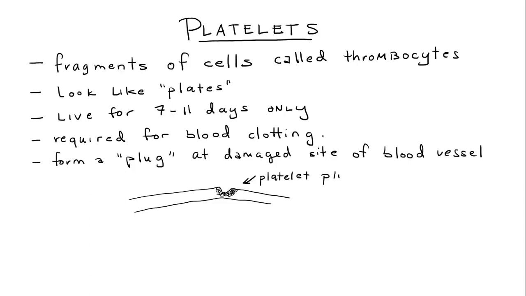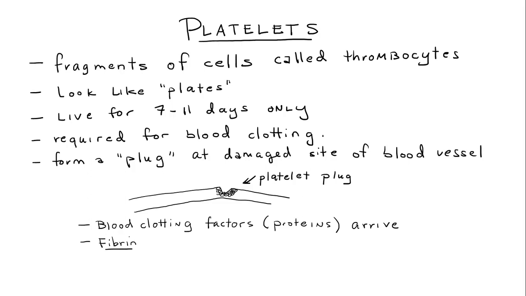Then that attracts additional blood clotting factors, or proteins, which arrive at the scene, and they are coming out of platelets in most cases. This leads to the formation of a protein called fibrin, which is a sticky protein that leads to the formation of a scab ultimately.